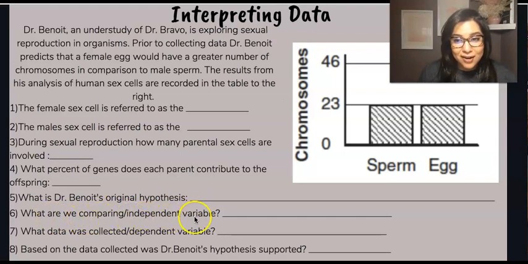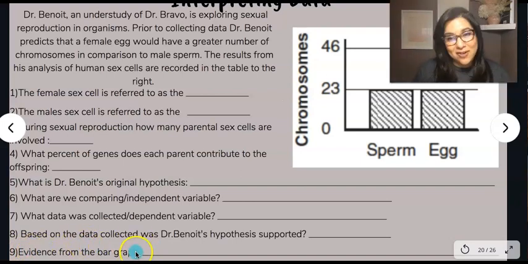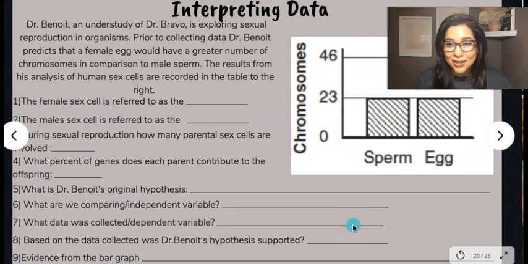The independent variable. What data was collected? The dependent variable. And based on the data collected, was Dr. Benoit's hypothesis supported? Finally, we want to make sure that you provide some evidence from the bar graph to support your answer for number 8. When you have completed your questions, press play for a review.